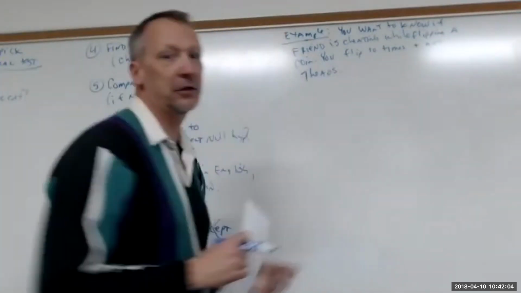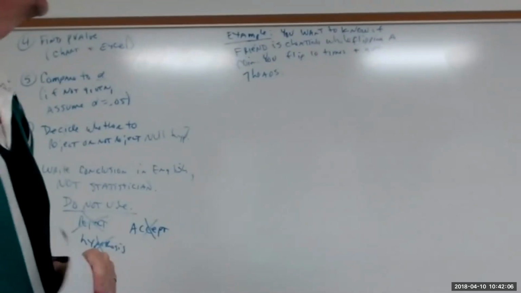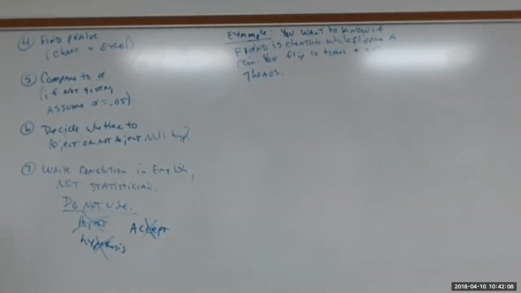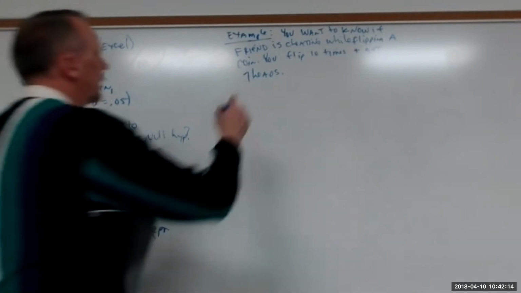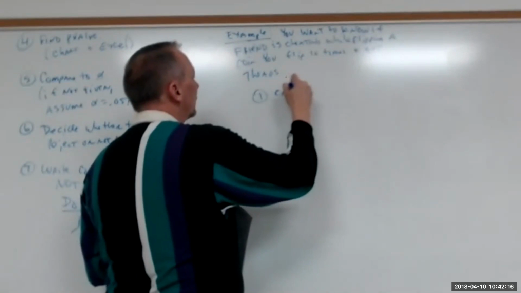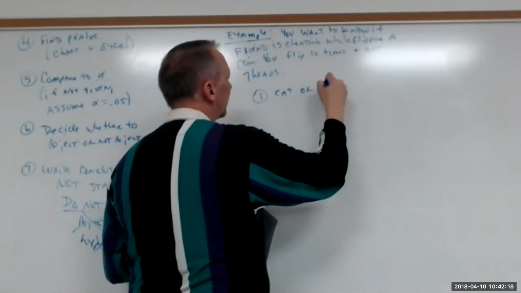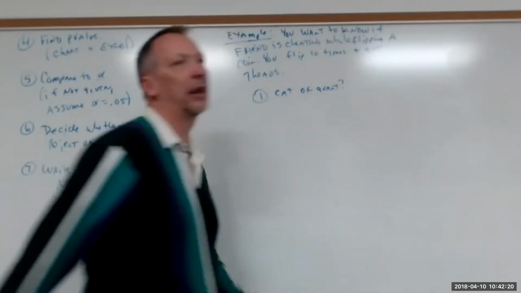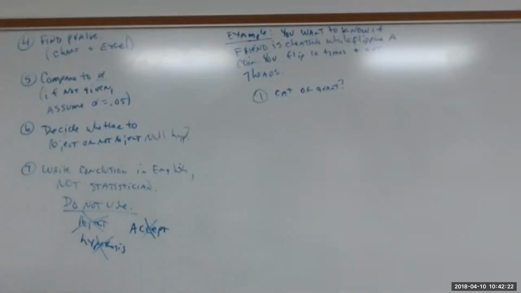Here's our example. You want to know if your friend is cheating while flipping a coin. You flip it 10 times and you get 7 heads. First question: is the data categorical or quantitative? Let's vote. Who says it's categorical? 1, 2, 3, 4, 5, 6, 7, 8, 9, 10, 11, 12, 13.